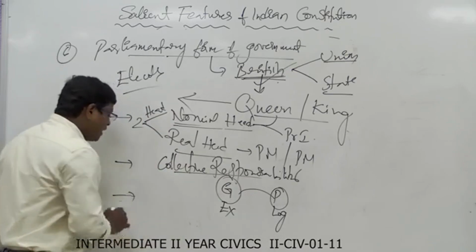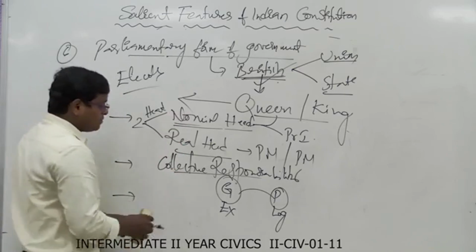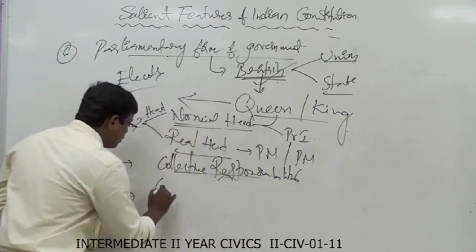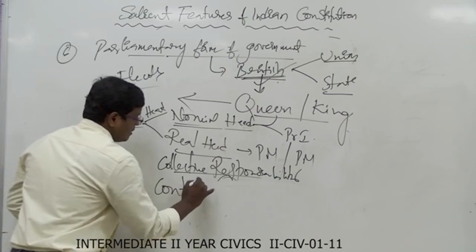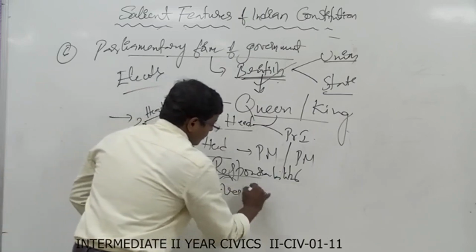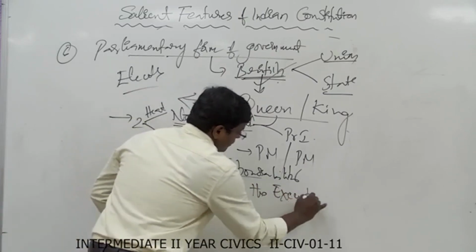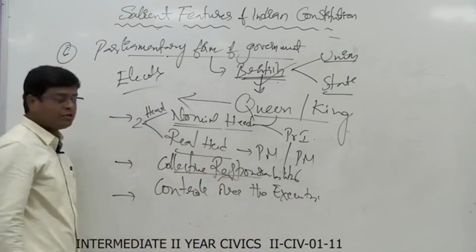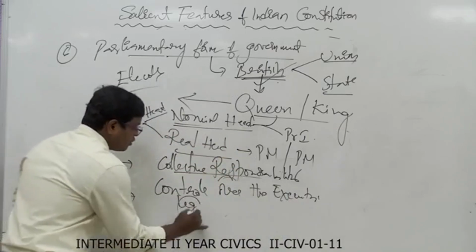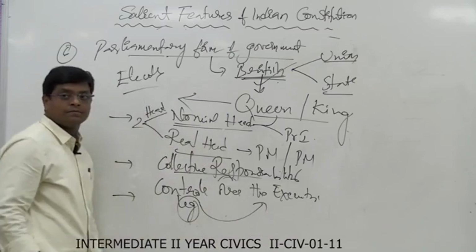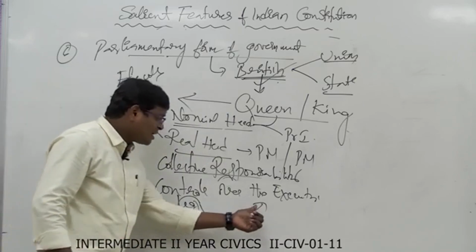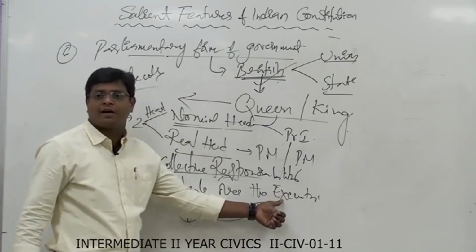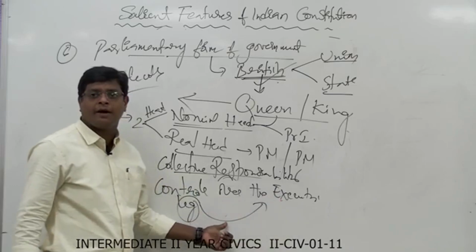Then, also control over the executive. Who controls the executive? The legislature controls the executive. So they ask questions to the Prime Minister and the Council of Ministers in the Parliament of India.